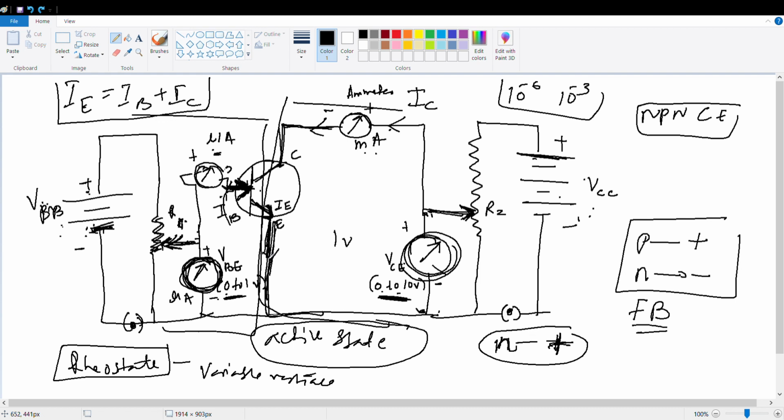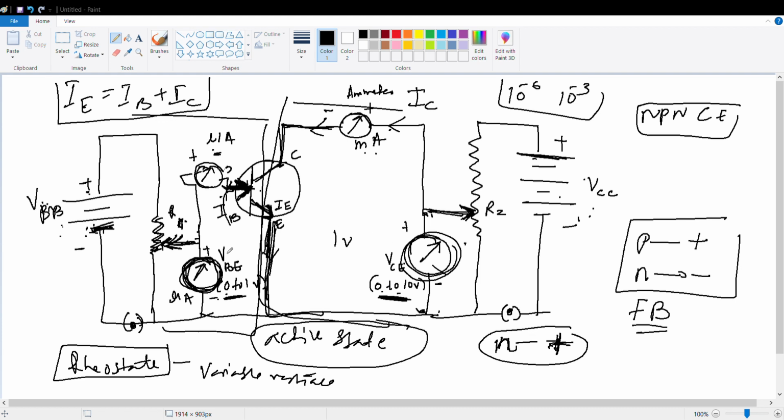And similarly, how will I change VC? If I change this resistance R2, then also I can change VC. Yes or no? Advait, clear? Good.